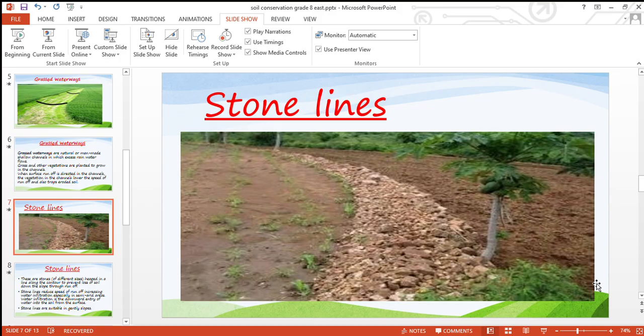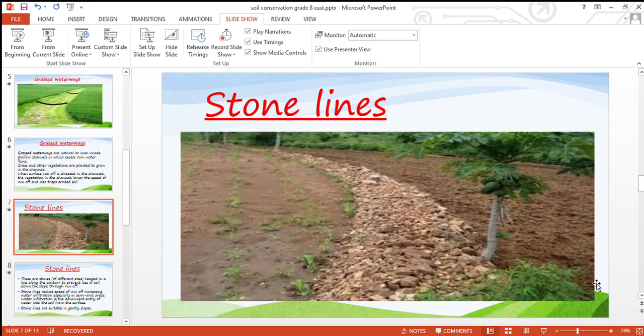Yes, Saeti? To trap eroded soil. That is very good. Very good, Saeti. Any other reason? Yes, Apollonia? To reduce the speed of surface runoff. Very good.